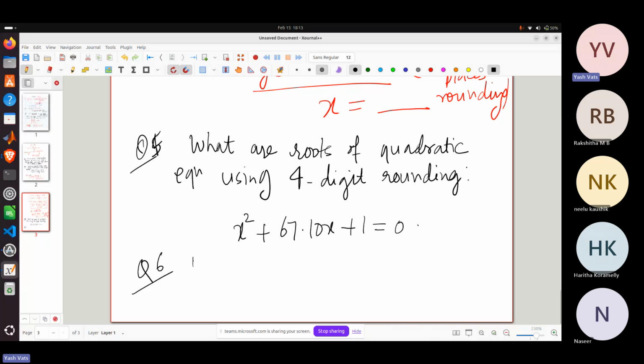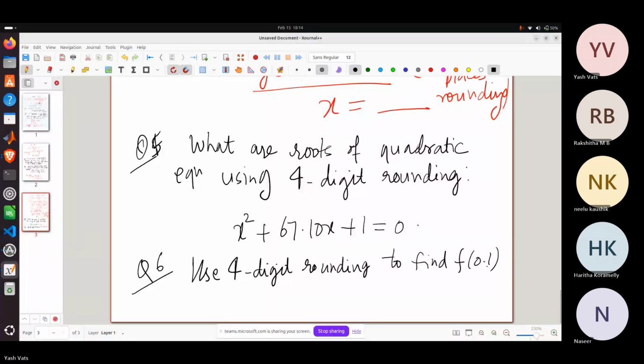Next question is, use 4-digit rounding to find f of 0.1 given f(x) equals x cos x minus sin x divided by, I print, yes, and then it is x minus sin x.